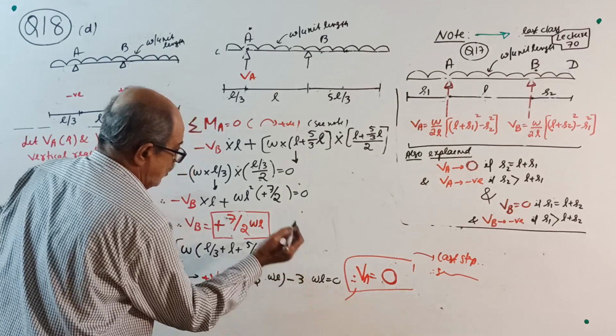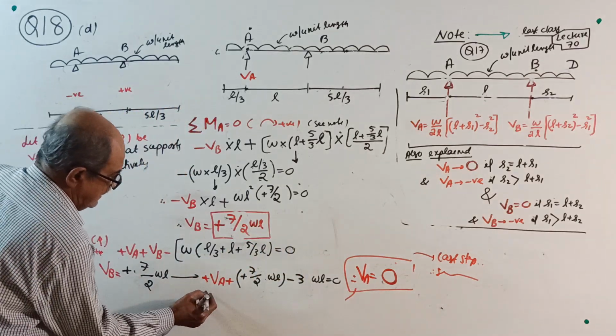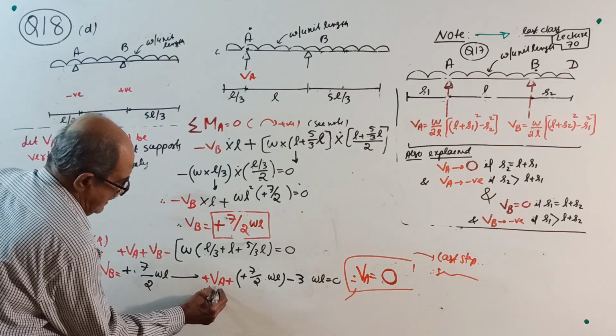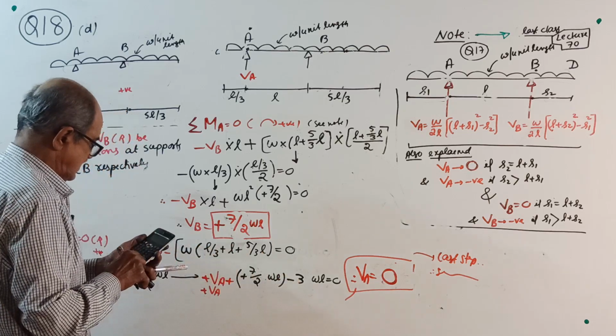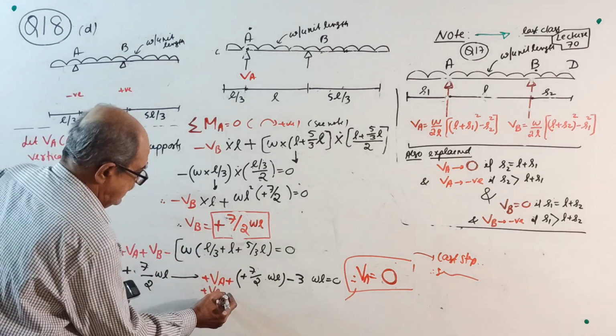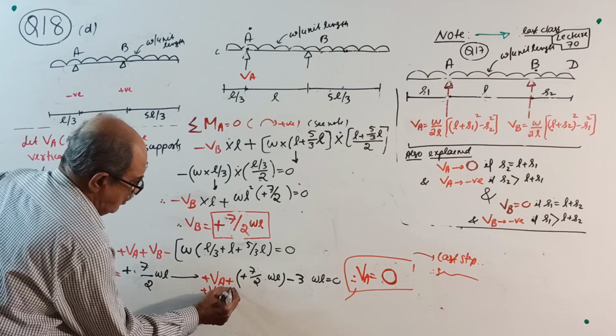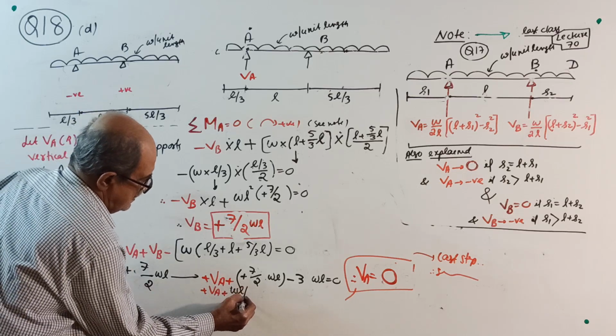See correctly now what happens. You will get VA, then 7 by 2 minus 3. 7 by 2 minus 3 is plus what? WL by 2, plus WL by 2 equal to 0.